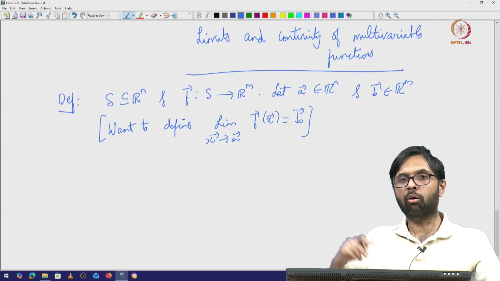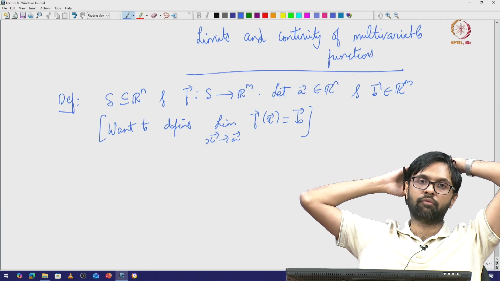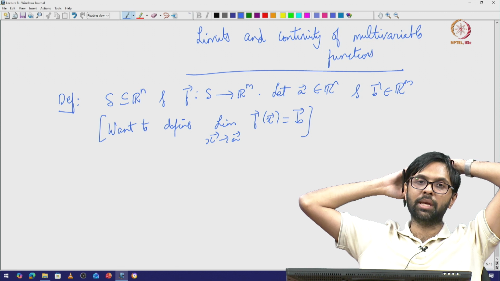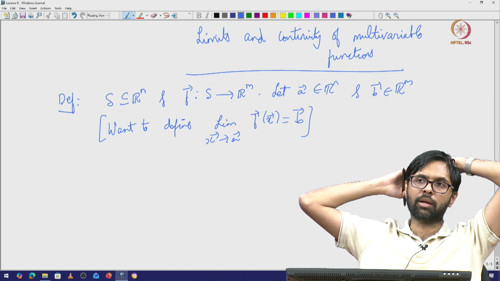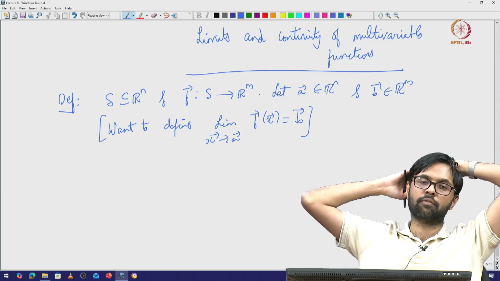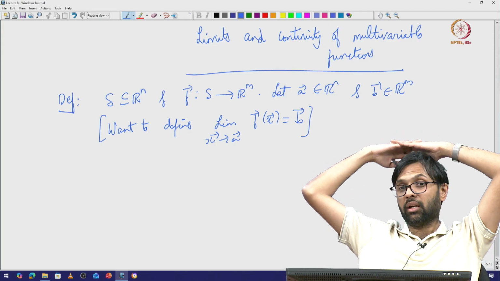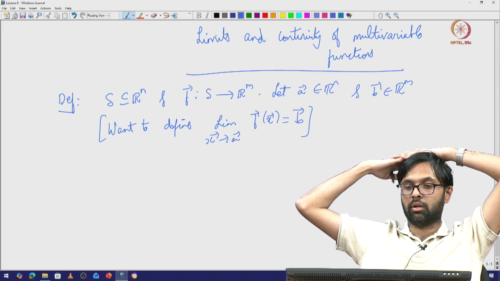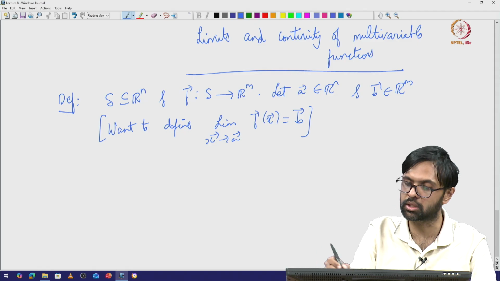So how can we make this definition? We would want to say that f of x gets closer and closer to B when x gets closer and closer to A. More precisely, you can make f of x as close to B as you want if x is sufficiently close to A. There is a slight subtlety in this whole story though, and this subtle point even occurs in one variable calculus, although you may not have seen it.